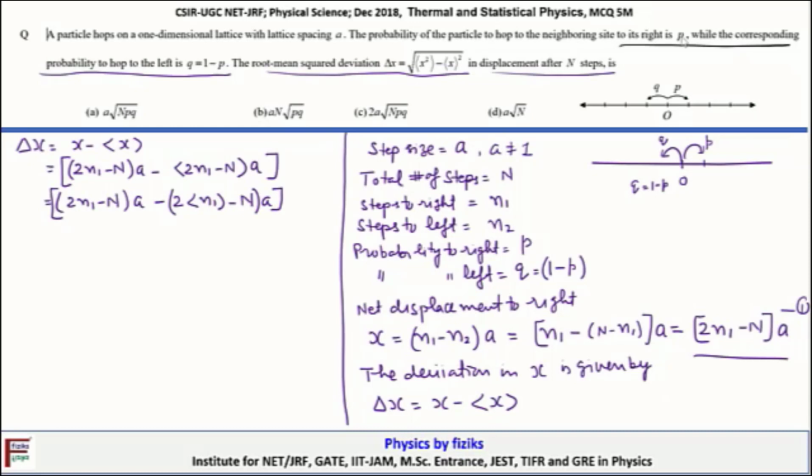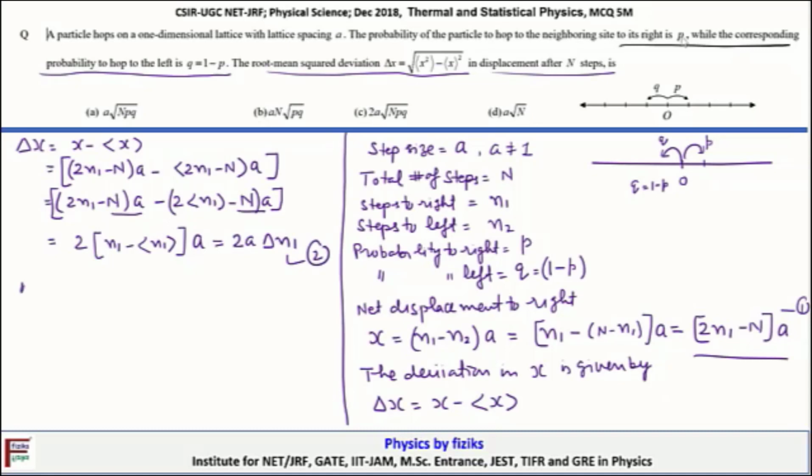Okay, and this can be further rewritten as 2 times n1 minus n1 average, multiplied by a, because the n term and this minus n term become plus and cancel with each other. This is nothing but twice a times delta n1. Okay, so let's call this equation 2.